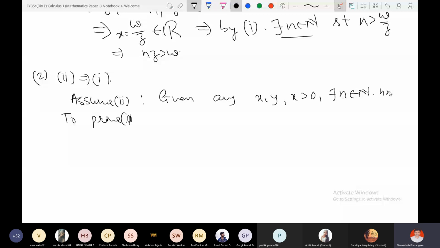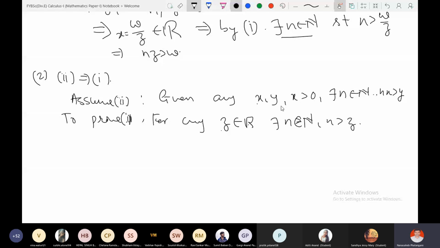This is the assumption. So to prove, for any z real number, there exists n belonging to N such that n is greater than z. So this we want. Do you understand? For any x, y, this is going to happen.